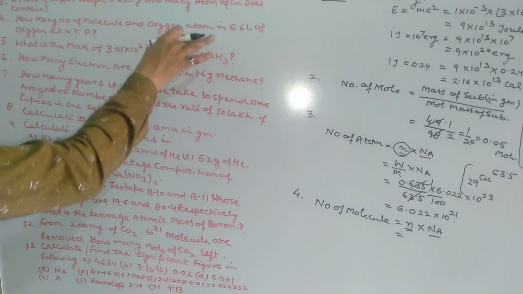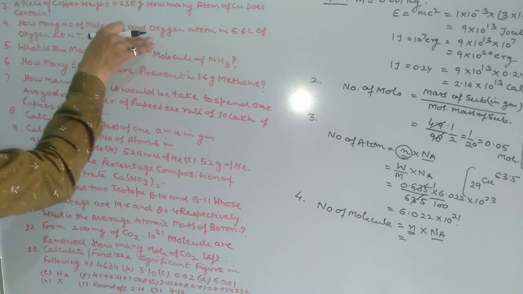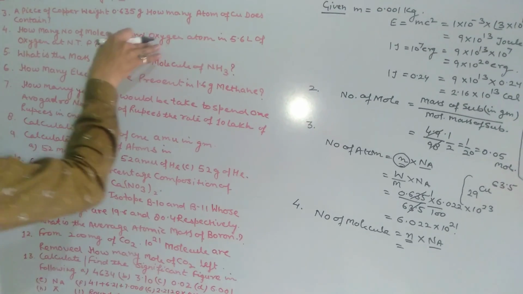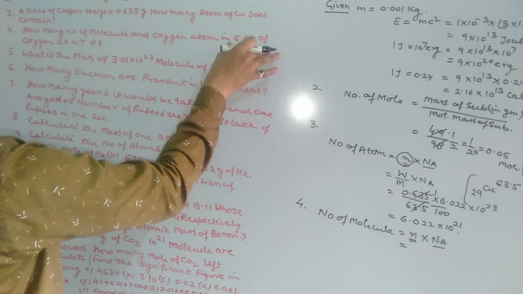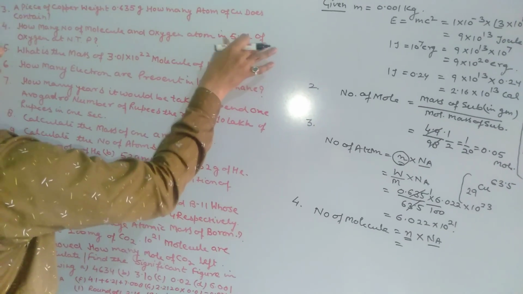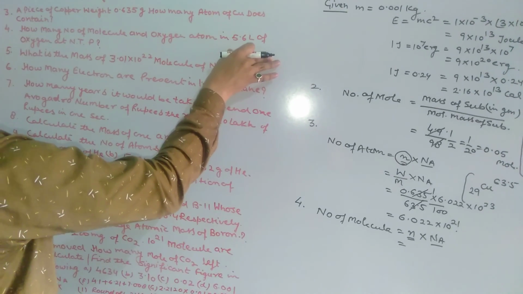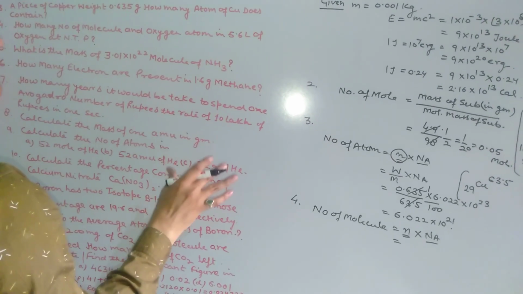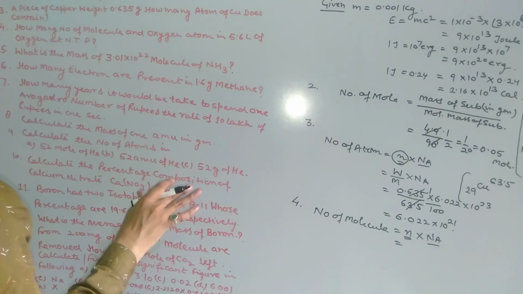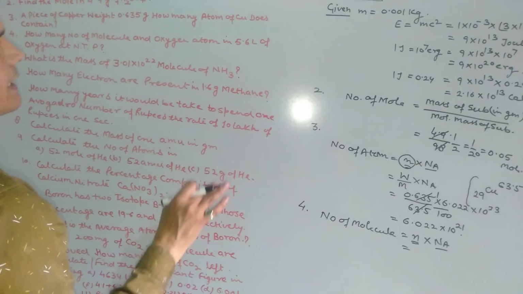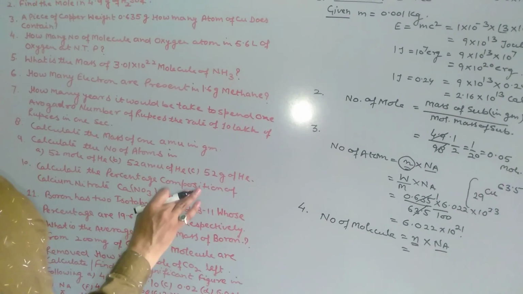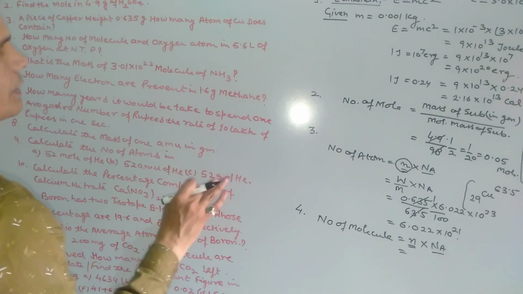there is oxygen atom and in gaseous state this is given in liter. Hence, the formula for gaseous state, we know that at a given temperature and pressure, 1 mole of each gas has the volume 22.4 liter.